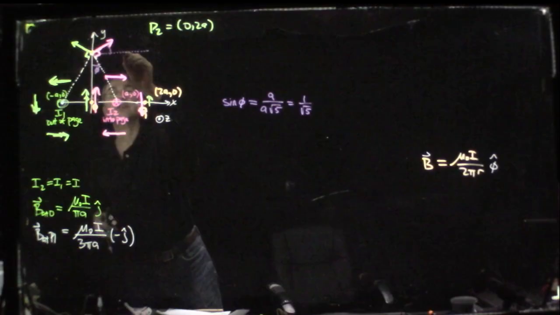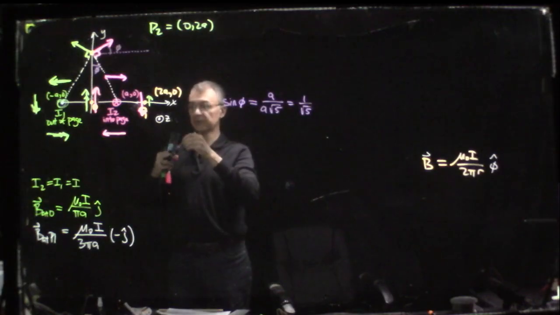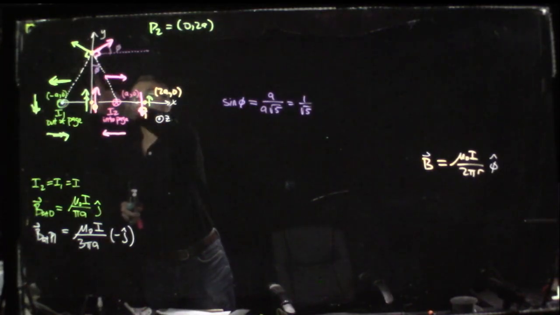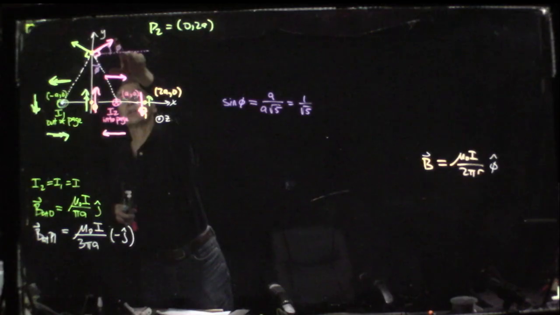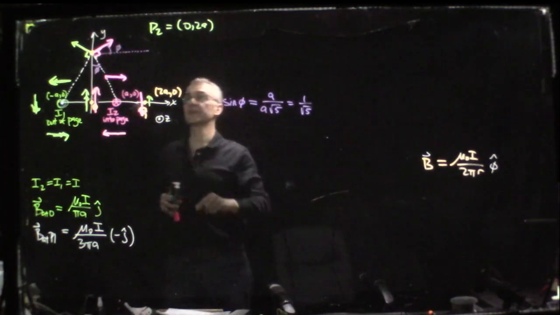I claim this is the same angle phi because this magenta arrow is perpendicular to this white line. This angle phi is from the vertical to this white line. This angle phi is from the horizontal to this magenta line. So I think that makes sense.